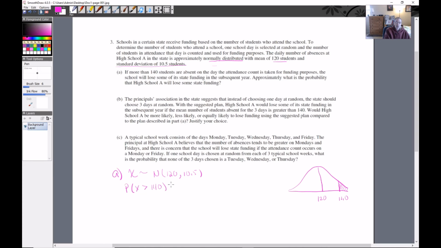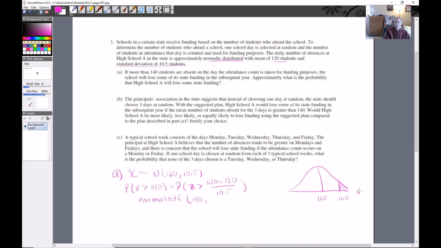And it's the usual old standardizing thing. The probability that Z is greater than 140, that's X minus mu, which is 120, over sigma, which is 10.5. I just went ahead and shortcutted this. You don't have to. This will be normal CDF, from 140 to infinity.